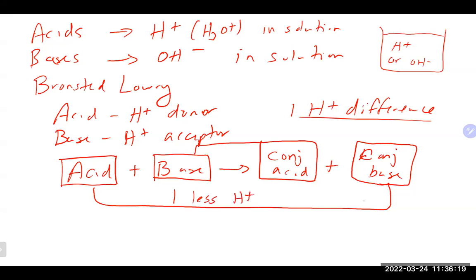Because that proton goes from the acid to the base, the base will accept that proton, and that means the conjugate acid will have one more H plus. The difference between those is really only that H plus, because just one H plus is being transferred from the acid to the base at a time. So the partners can only differ by one H plus.